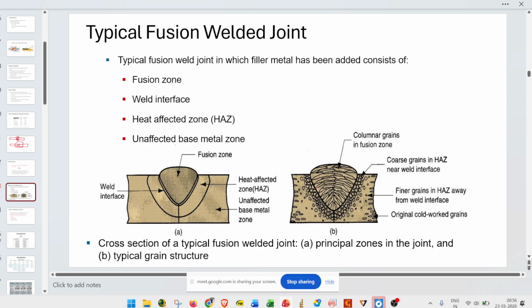So if I am going to make a boiler or any thermal power plant component, and we are dealing with temperature, we must consider its effect on the metallurgical properties. If I am making a boiler using a welding process, the metallurgical properties shouldn't be changed so as to negatively affect the final boiler component.